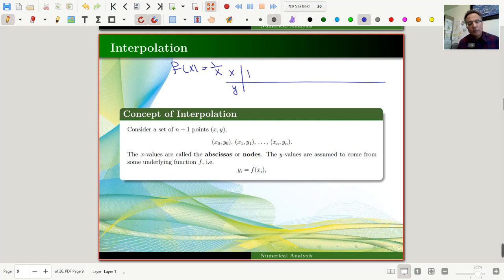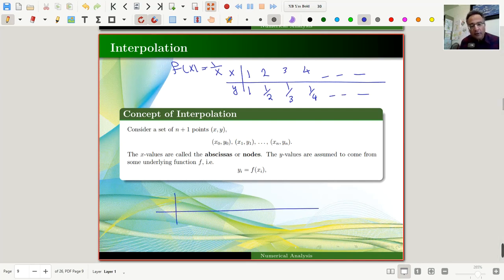Consider x equal to 1, y is 1 over 1, which is 1. x equal to 2, it will be 1 over 2. 3, 1 over 3, 4, 1 over 4, and so on. This is, in fact, maybe a source of the nodes. Or also we can have an experiment and we get some results.